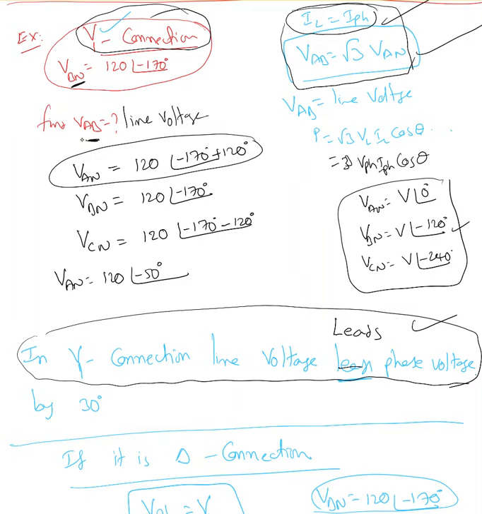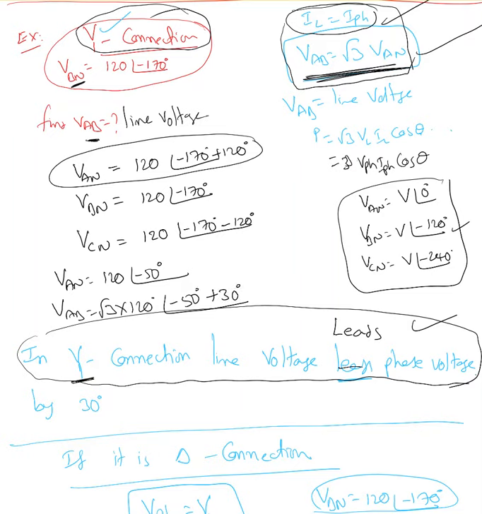Now, the question is asking about VAB. VAB equals square root 3 times VAN, so VAB must be square root 3 times 120. At the same time, this is a Y connection, and in a Y connection the line voltage leads the phase voltage by 30 degrees. So minus 50 degrees plus 30 degrees.